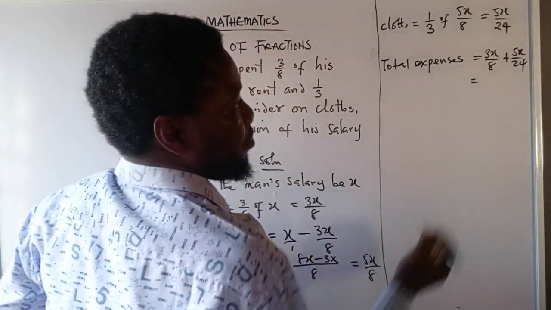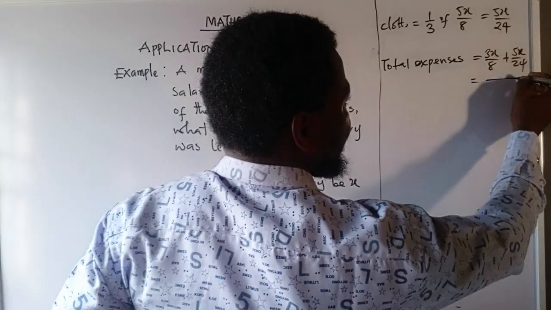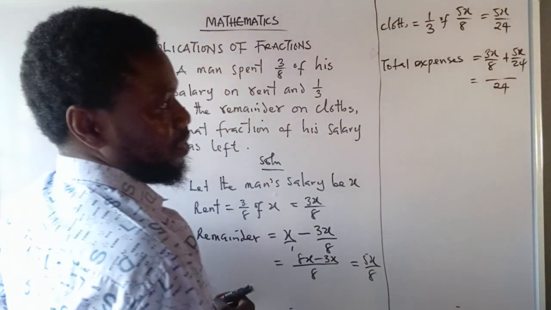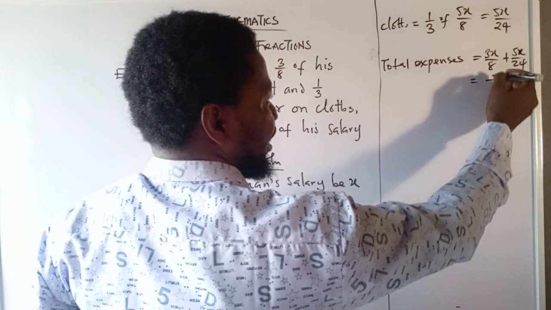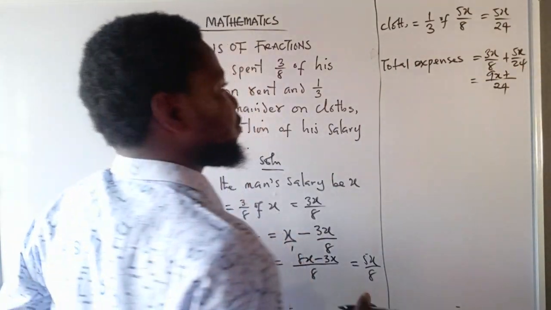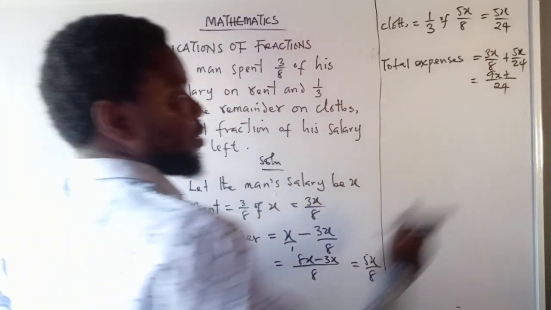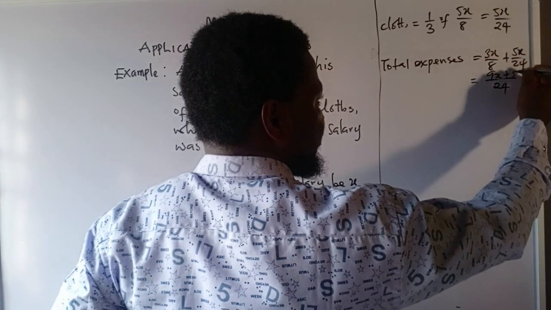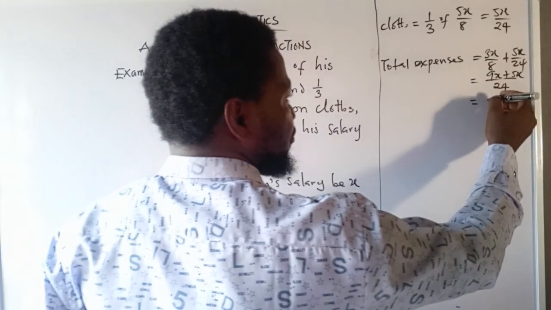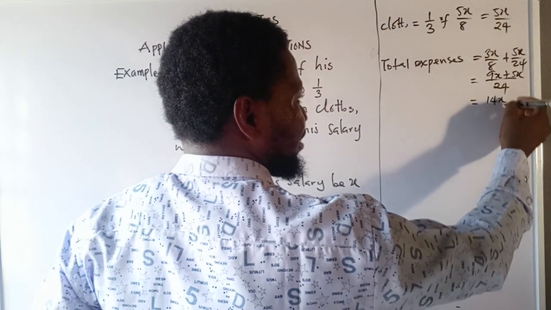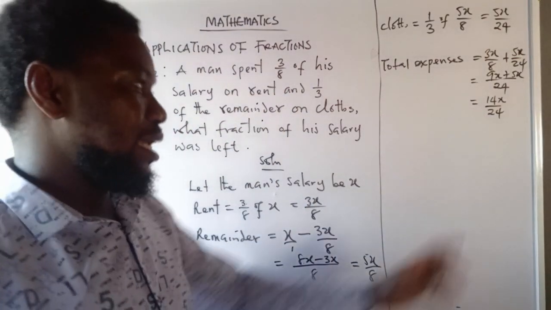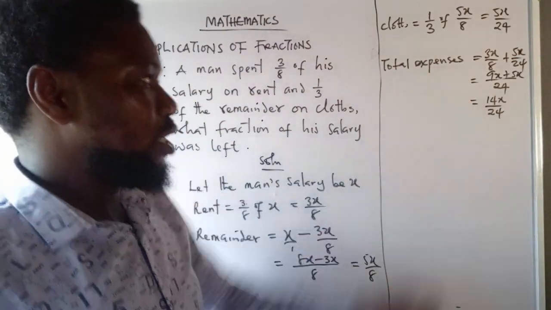The LCM here is 24. 24 divided by 8 is 3. 3 times 3X will give us 9X, plus 24 divided by 24 will give us 1. 1 times 5X is 5X. So both of them, by addition, we have 14X over 24. This is the total expenses he made.